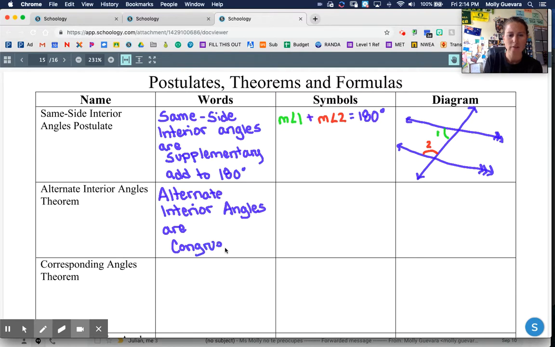So if we have alternate interior angles, which we defined on the previous page, right? If we have alternate interior angles, then those angles are congruent. So let me show you if I have parallel lines. And here's another one. Ooh, those are not the best parallel lines, huh? And then here's my transversal.